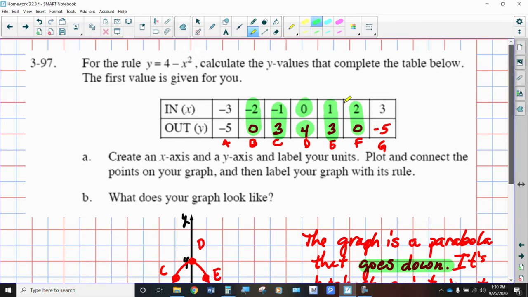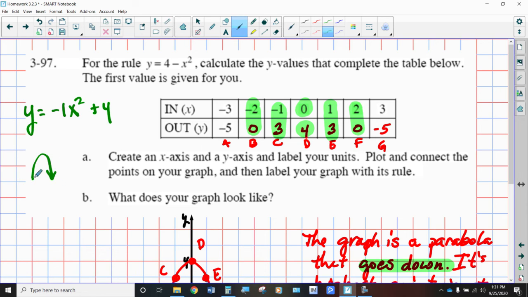Why is it pointing down? Because technically, if I were to rewrite this equation, I could rewrite it as y equals -1 times x squared plus 4, right? And when there's a negative number that's the coefficient of the x squared term, that means that your graphs are going to be turned upside down.